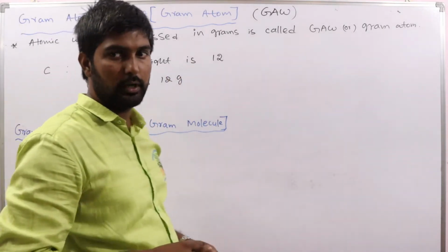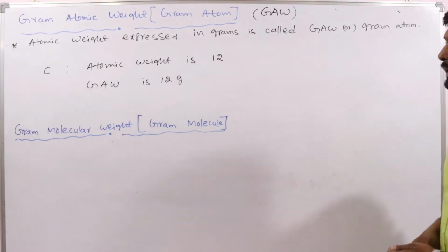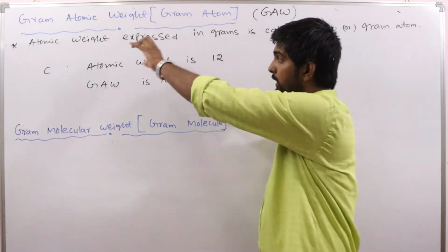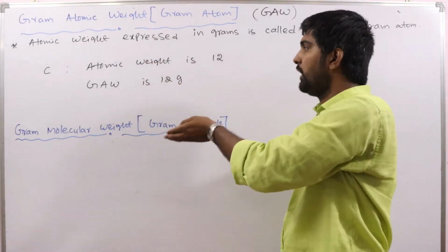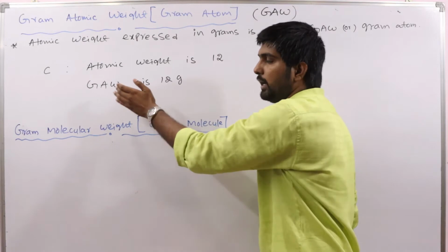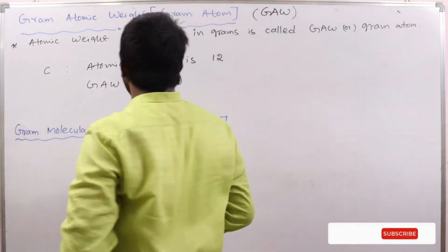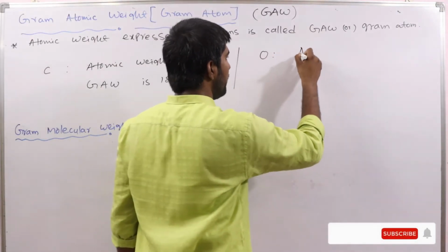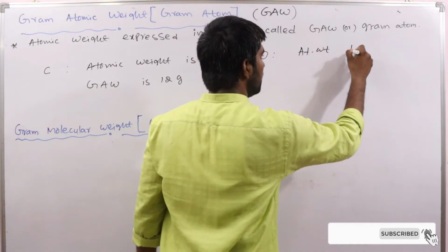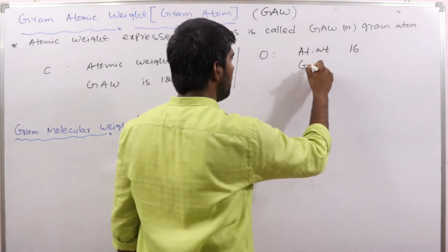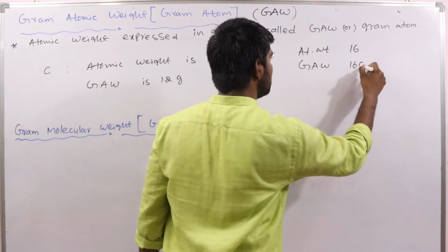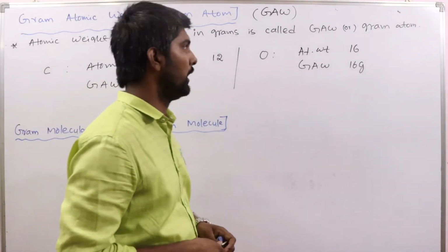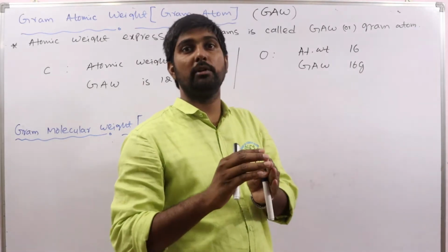Clear? If that atomic weight is expressed in grams, that is 12 grams, then that is called gram atomic weight. In the same manner, for oxygen, atomic weight is 16 units, but gram atomic weight is 16 grams. Atomic weight does not have any unit, simply it is a number, and gram atomic weight is expressed in grams.